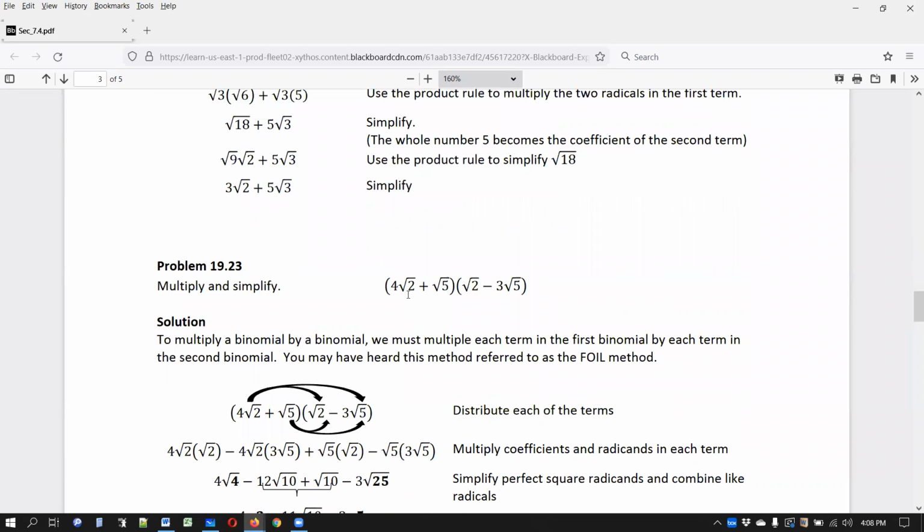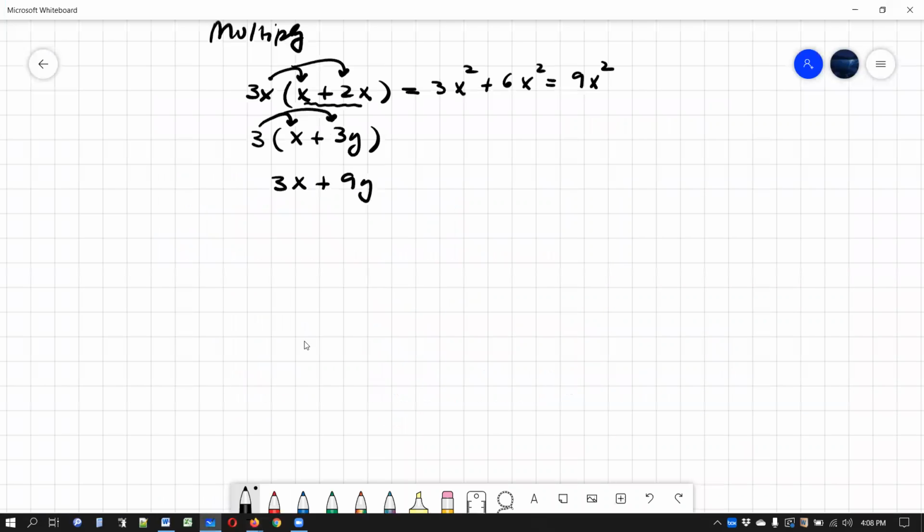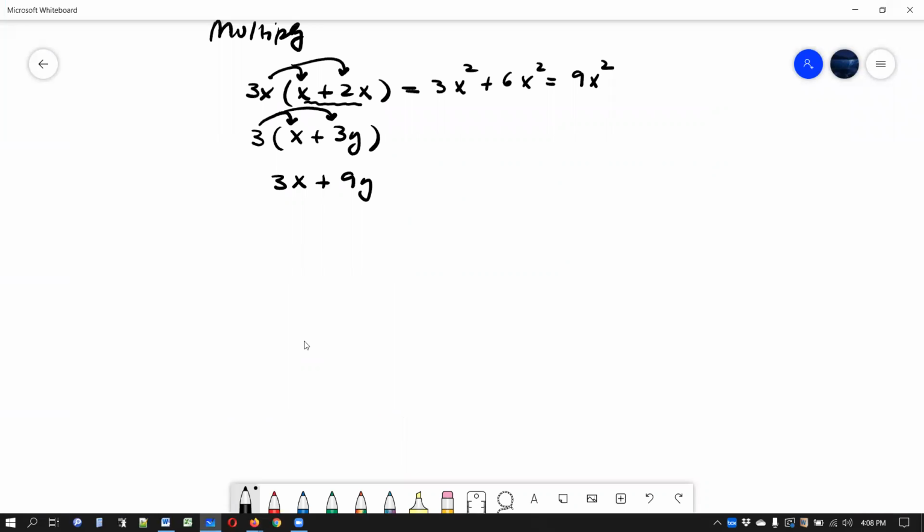The other case is where we have something that looks like this. And we've seen it before because it is similar to a problem like this. So how would we do this?